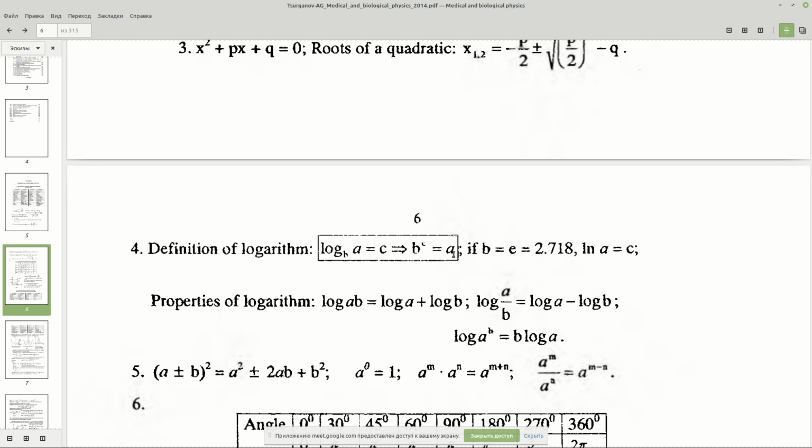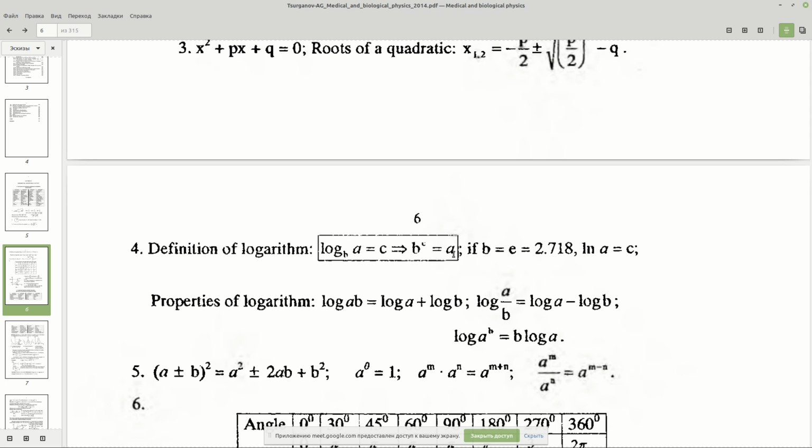How many times we need to multiply the basement by itself to receive a, to receive the concrete result.